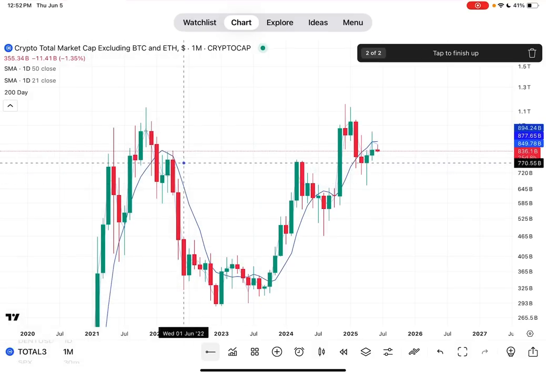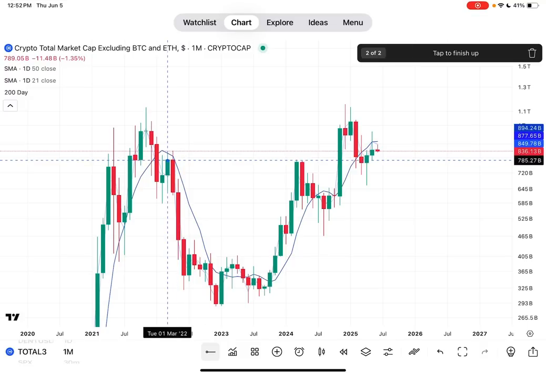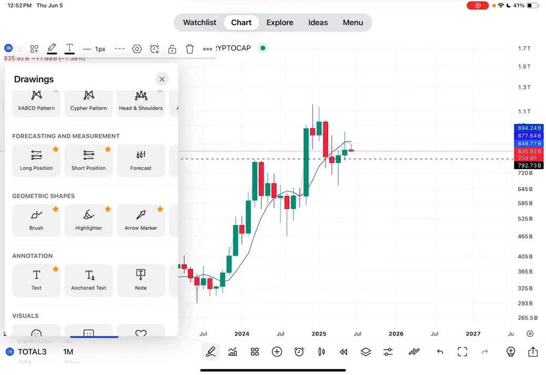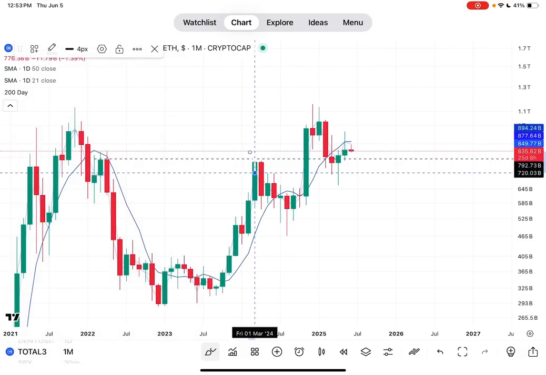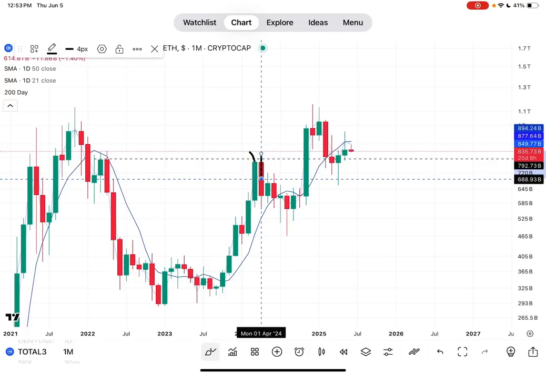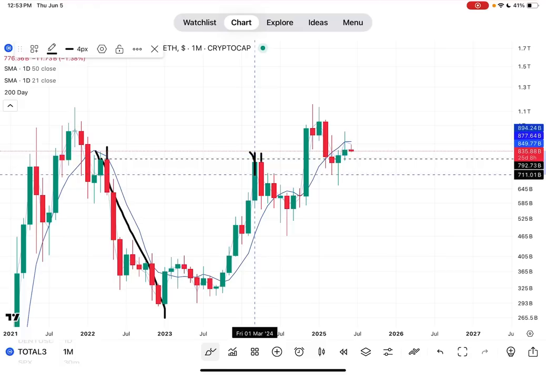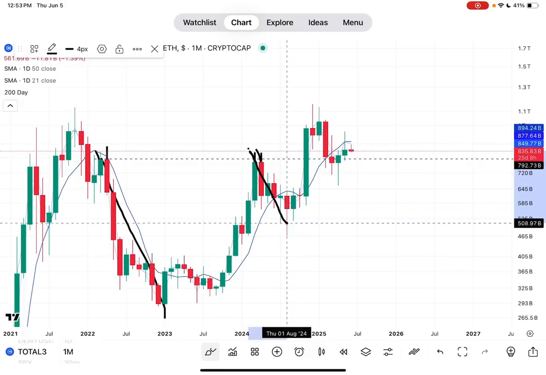So like March and April of 2022, we found resistance there. Then 2 years later, March and April, we find resistance. March, April of 2022, rejection. March, April of 2024, rejection.